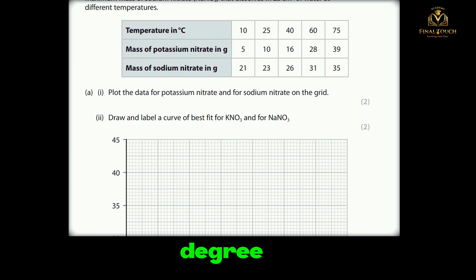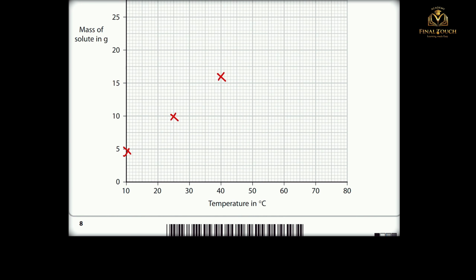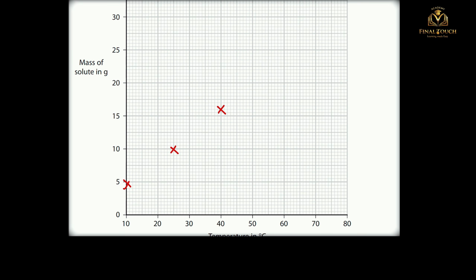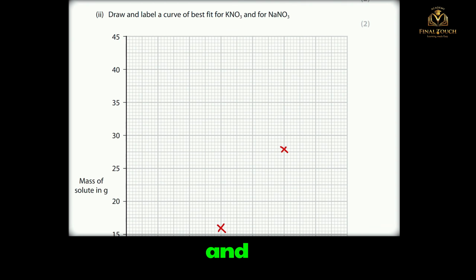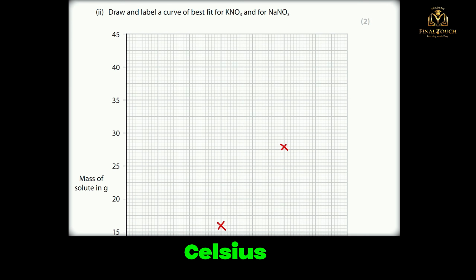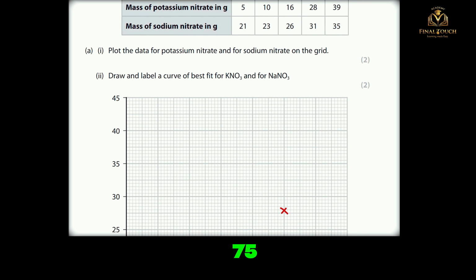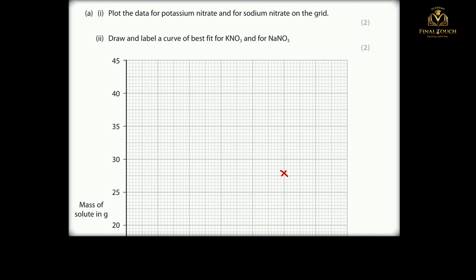At 60 degrees Celsius, 28. This is 26, 27, 28. And at 75 degrees Celsius, they gave us 39. 39 should be here.